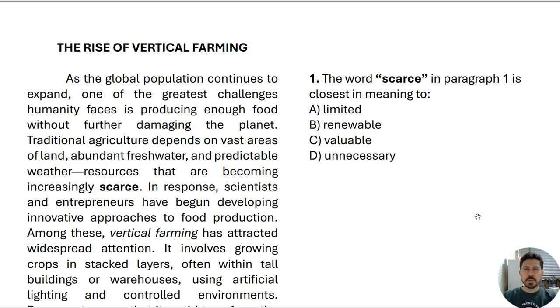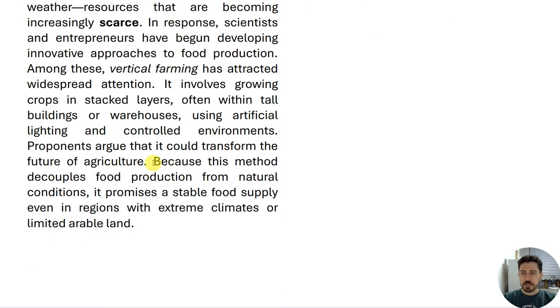Now, let's talk about how we should approach the reading section in general. When you start a reading passage in an exam like TOEFL iBT, the first thing you can do is to read the first sentence and the last sentence of every paragraph.